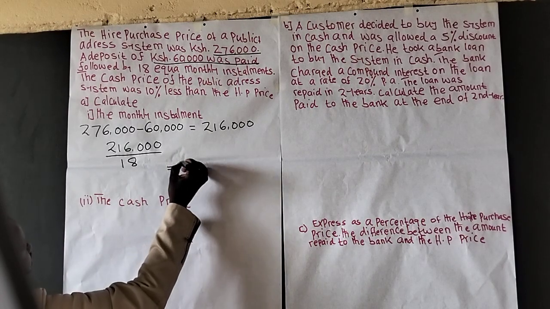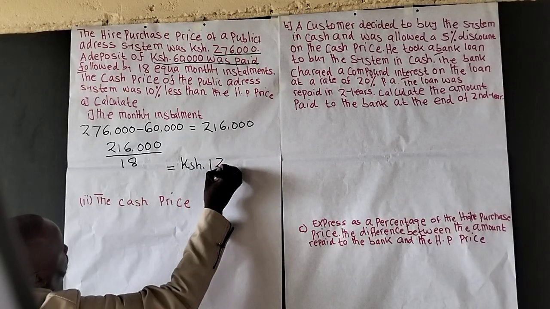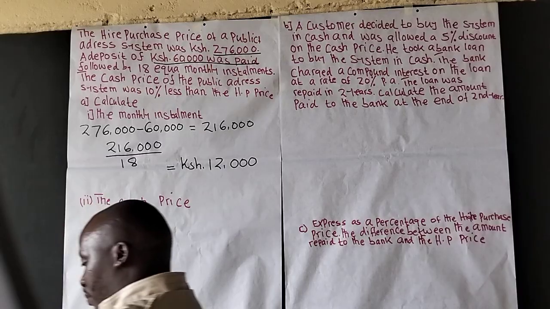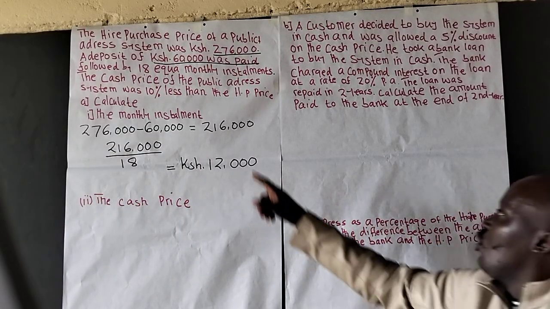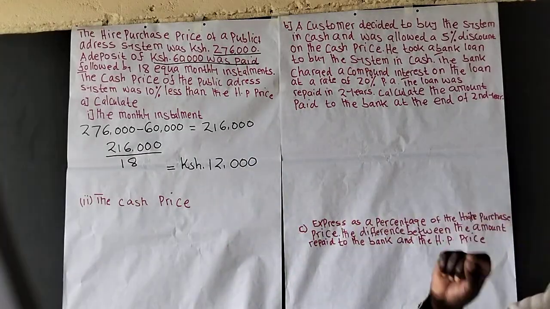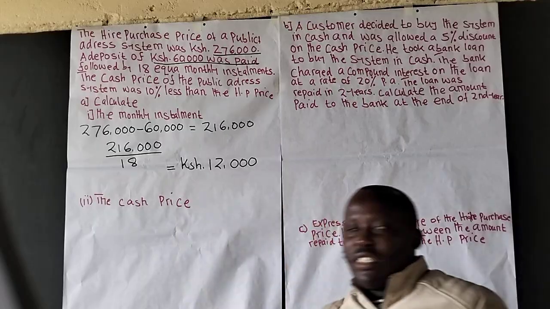So this is the amount paid every month to complete the 216,000.